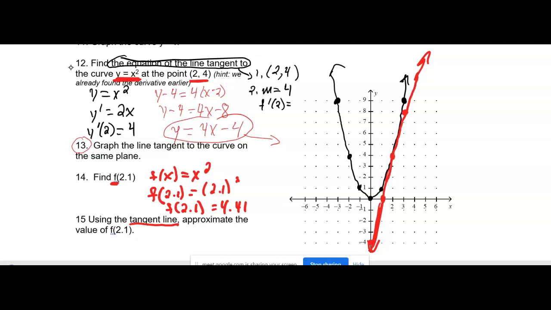All right, so what this question is now getting at, when we do a tangent line, so if I put a big fat dot on this point here, the point (2, 4) is the only point that is shared between the line and the function.